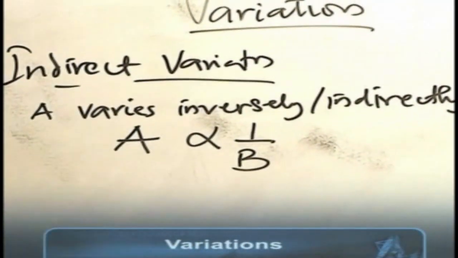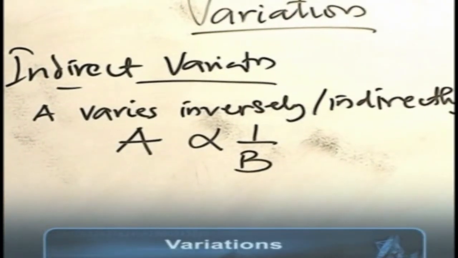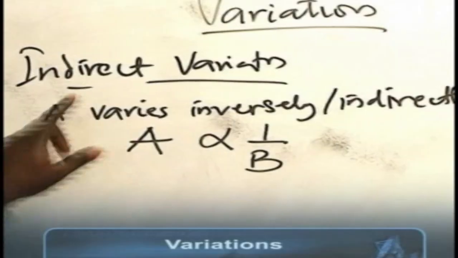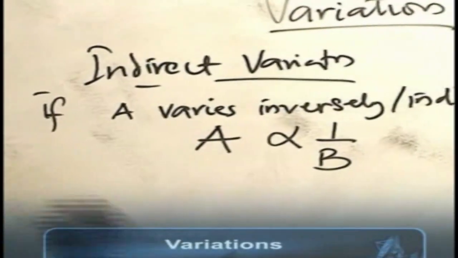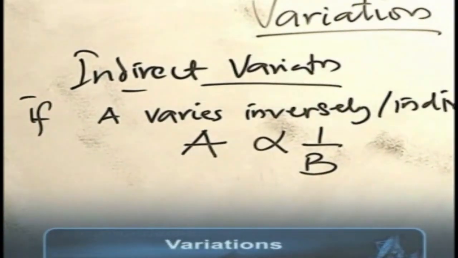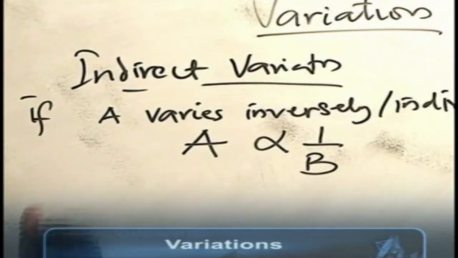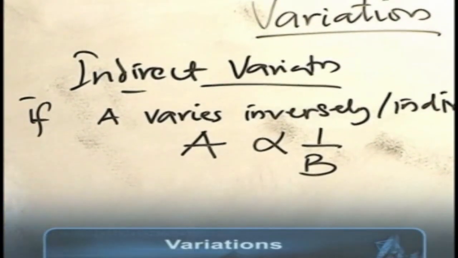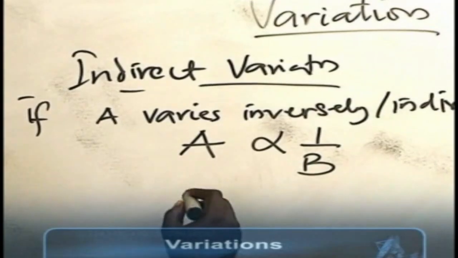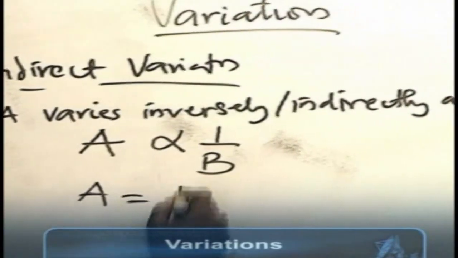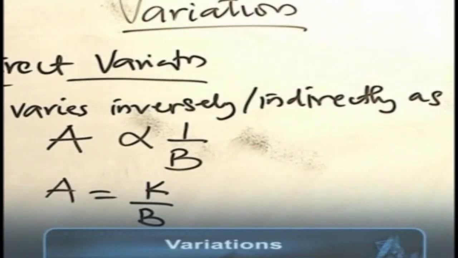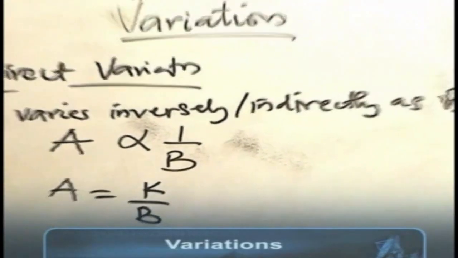What I'm simply telling you in mathematics is that the relationship between A and B is an inverse relationship. The variation is an inverse variation. And just like we did for the direct variation, to introduce a constant, it becomes A equals K over B.